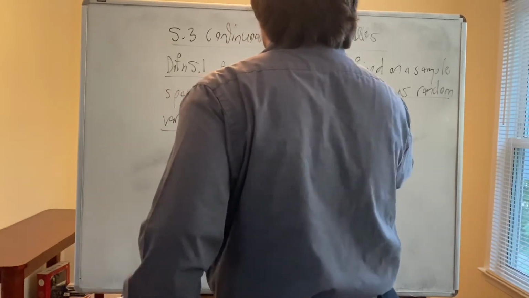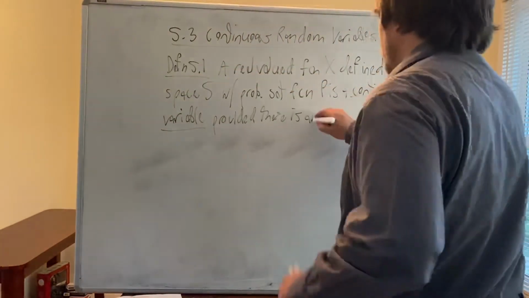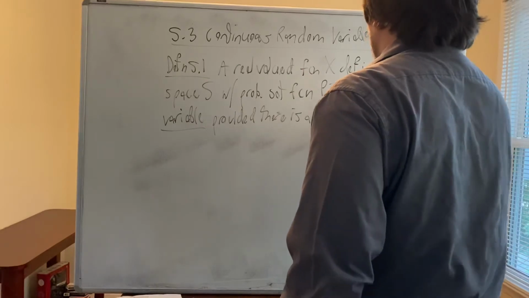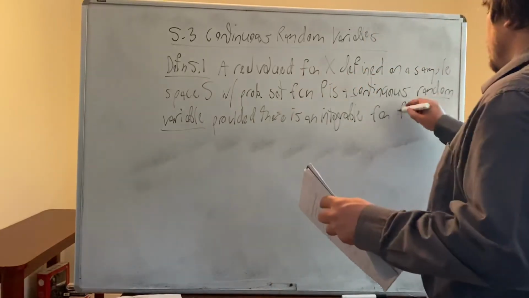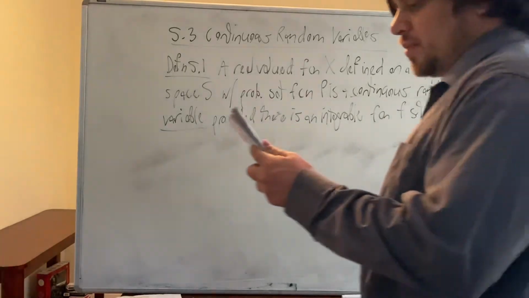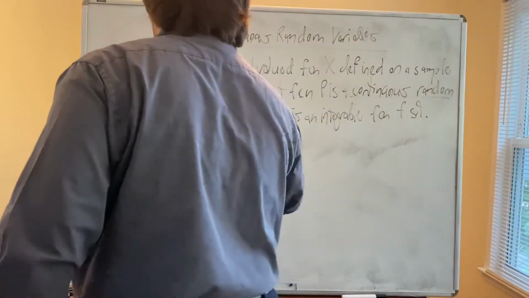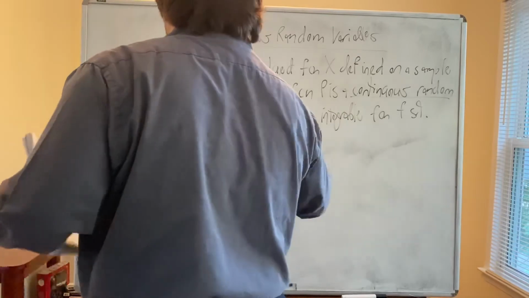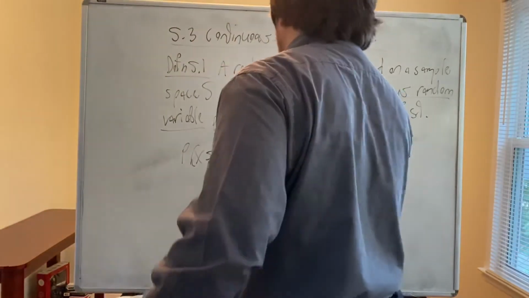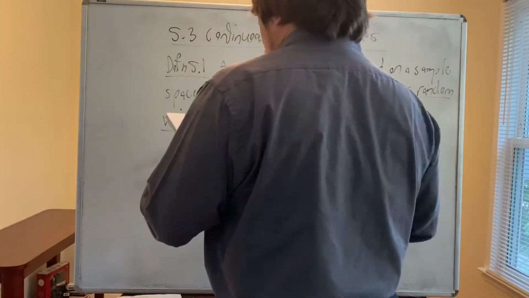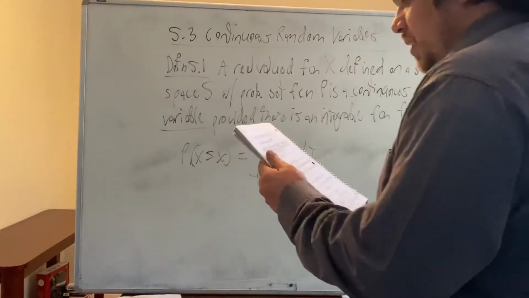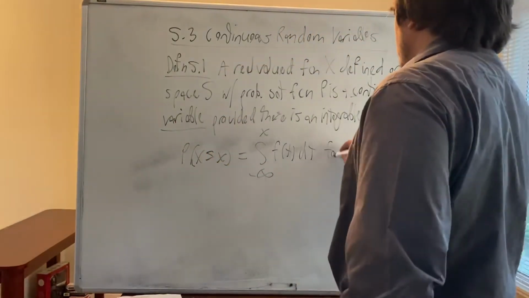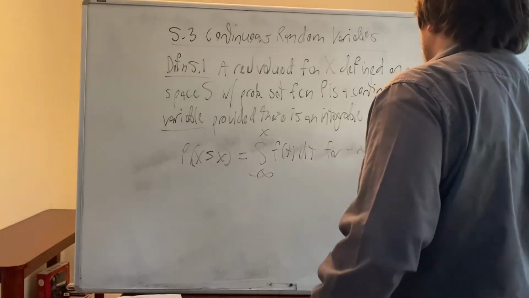there is an integrable function f such that the probability that capital X is at most little x is equal to the integral from negative infinity to little x of f of t dt, for negative infinity less than x less than infinity.